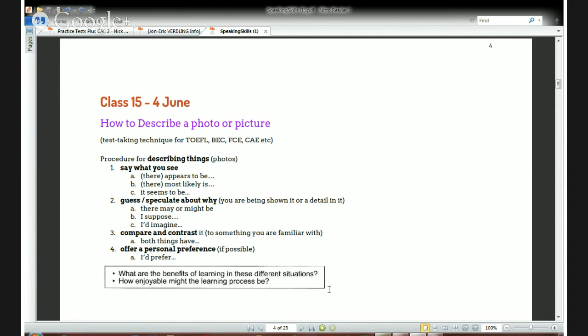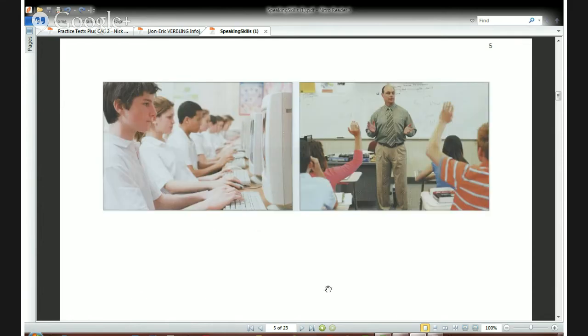So I suppose they want to learn about the computer and they want to improve their computer skills. Okay. So they're serious to learn that.